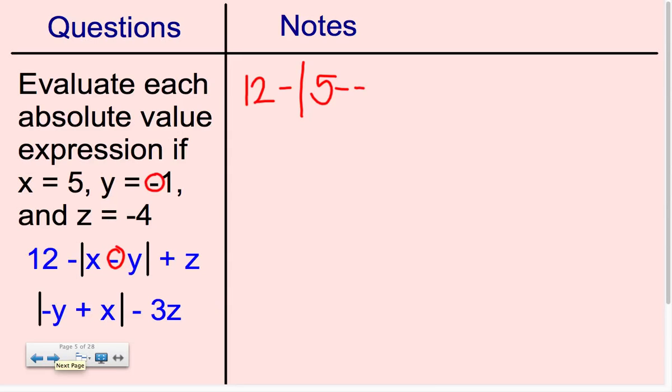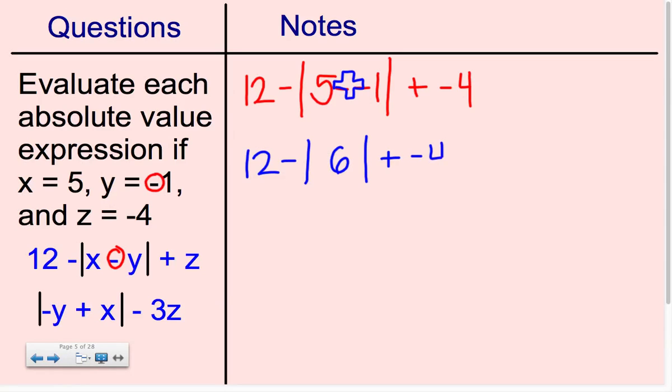So minus a negative 1 plus z, which is negative 4. Since I have minus a negative, I'm going to change that into a plus. Work inside of your absolute values first, so I've got a 6 in there. So 12 minus 6 plus a negative 4.